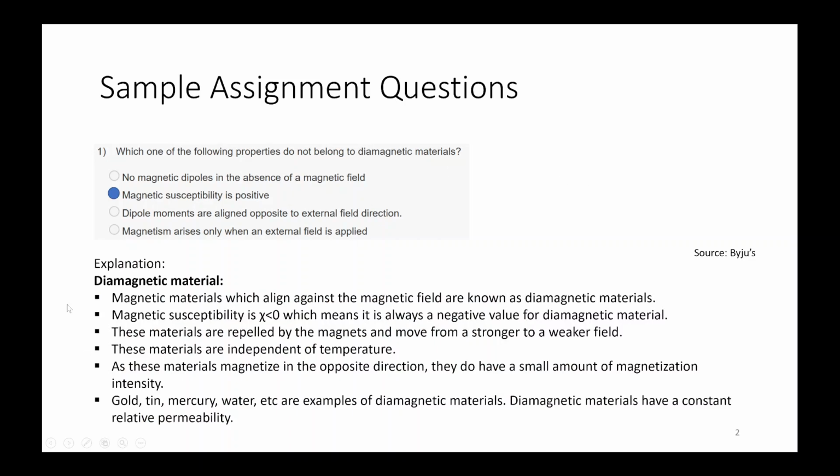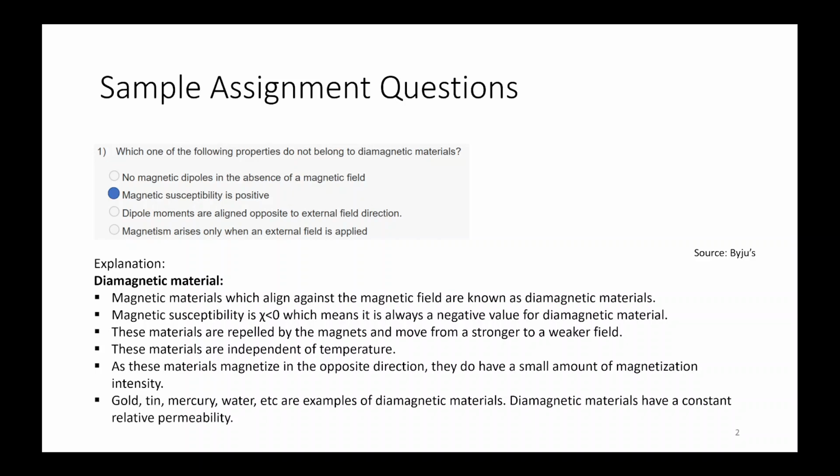Now we can explain this by saying that in case of magnetic materials which align against the magnetic field, they are diamagnetic materials. Magnetic susceptibility will be less than 0, which means it is always a negative value for diamagnetic materials. These materials are repelled by the magnets and move from a stronger to weaker field.